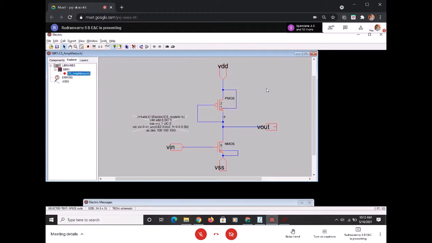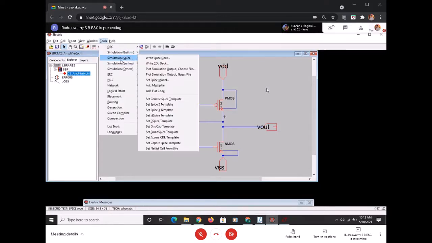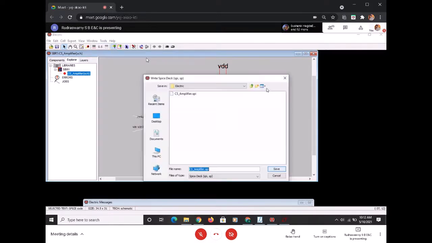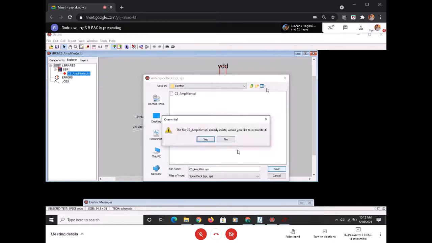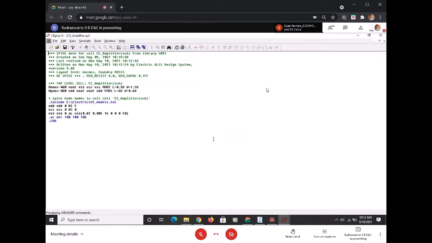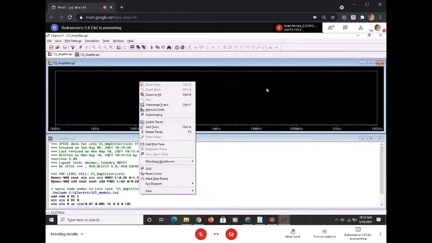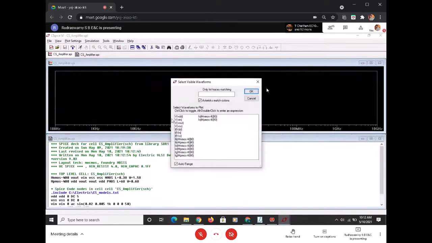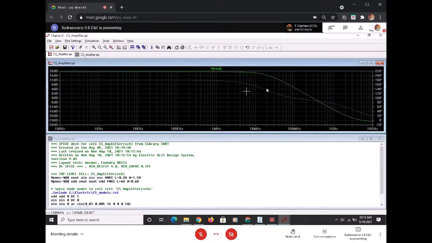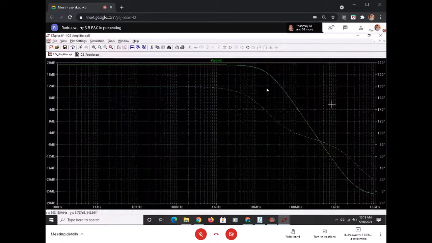Tools, simulation spec, write specs. Here, add visible trace. Check. And this is what your AC analysis is about. This is your view. Now, hope this is fine.